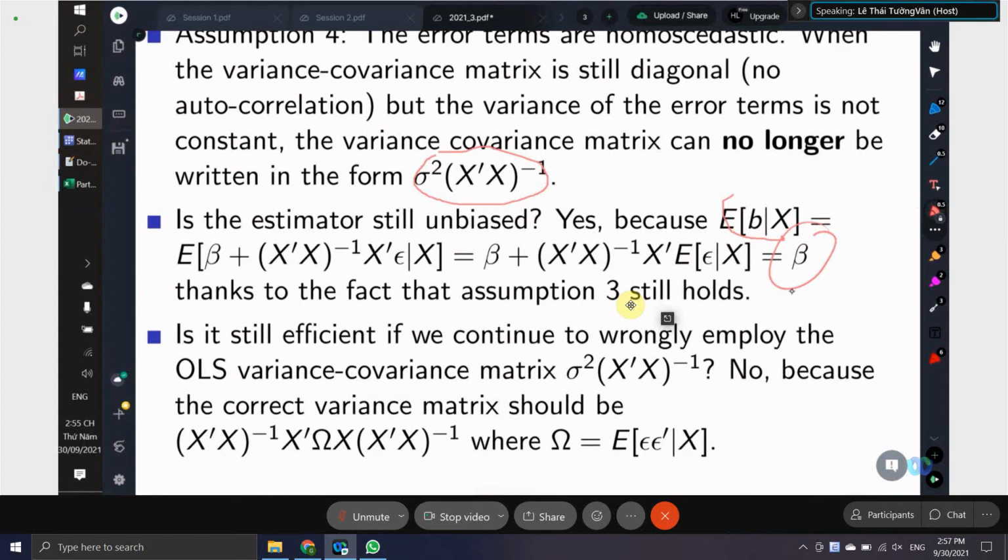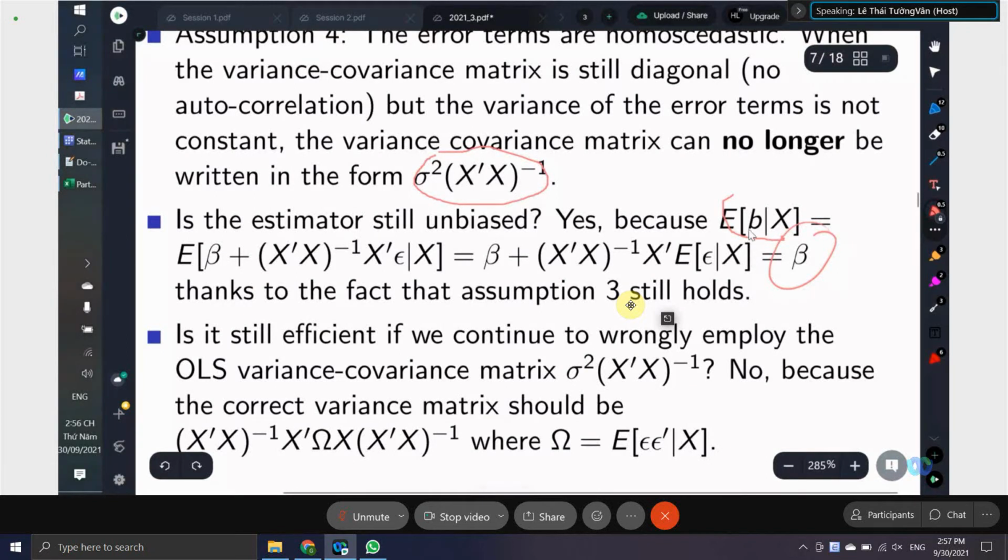So the variance covariance matrix will be more complicated, but your estimate is still valid. It's just that the confidence interval is no longer precise because your variance covariance matrix is now no longer this one.